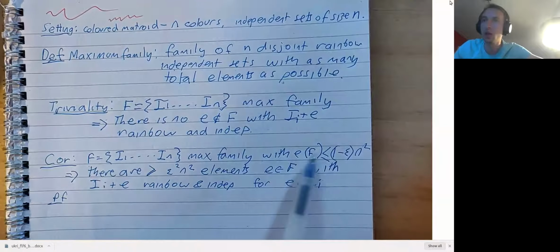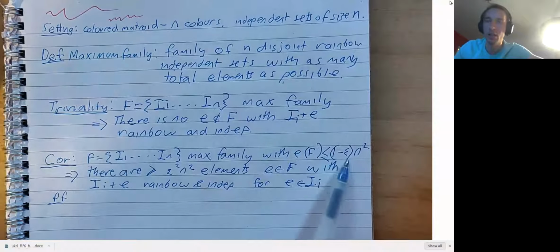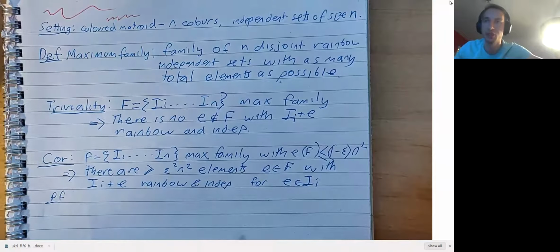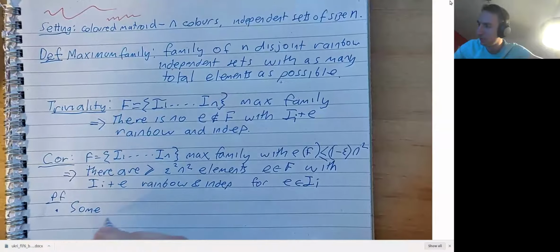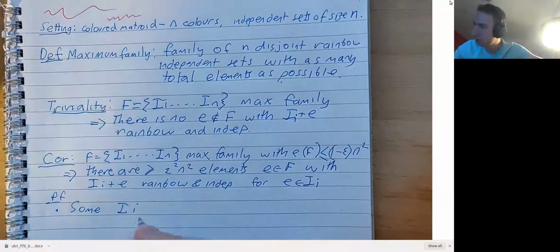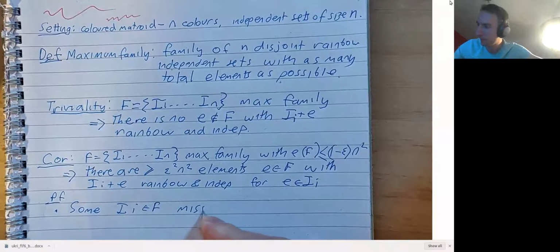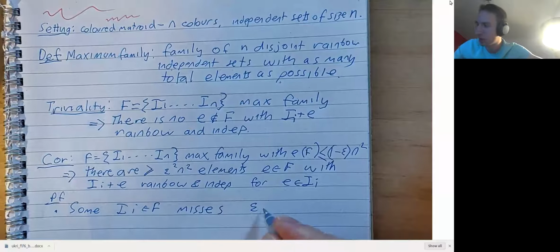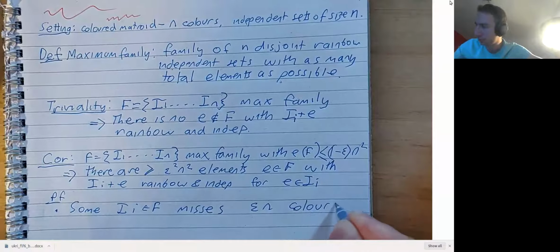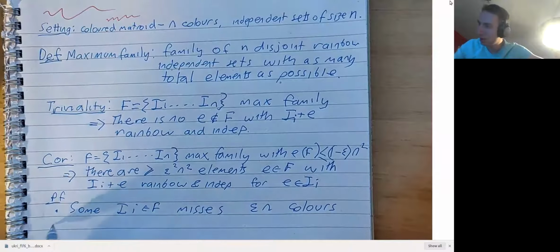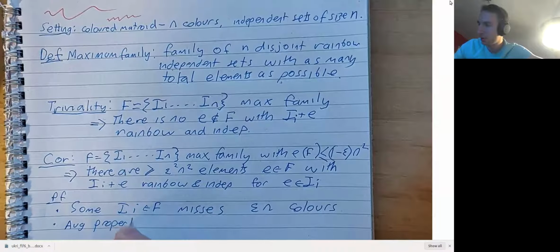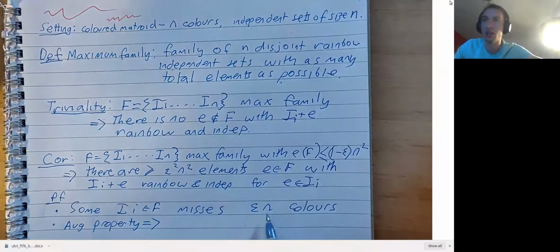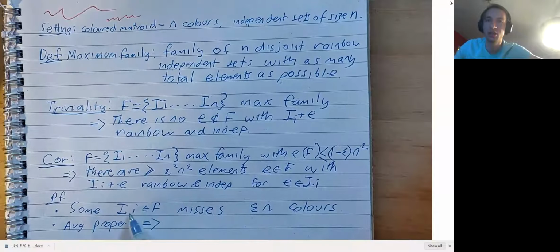It happens because, just by averaging, if the maximum family is small, then some set in it will have to miss linearly many elements. So by averaging, some set in the family has to miss epsilon n many colors. But from the augmentation property, each of these colors has n elements, and this independent set has (1 - epsilon) n elements.